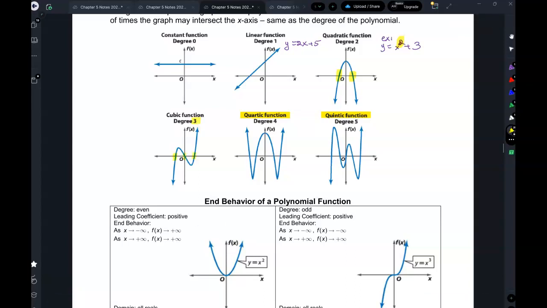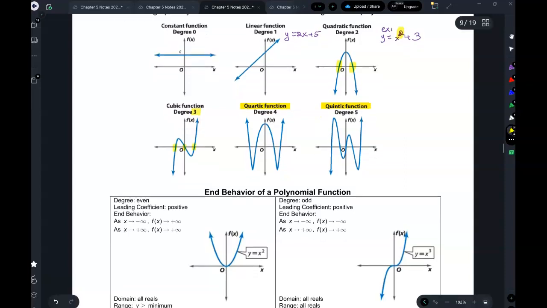If you have a degree of 4, it can cross the x-axis up to 4 times. If you have a degree of 5, it can cross up to 5 times. Now, it's possible you have a degree of 3 that only crosses the x-axis once. That's okay, but the maximum number of times is 3.